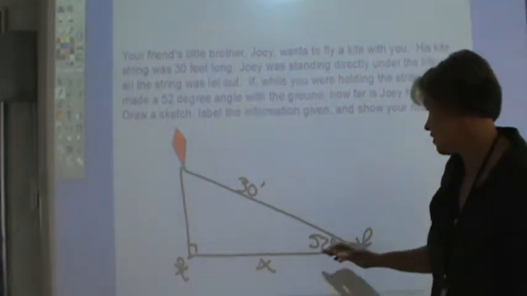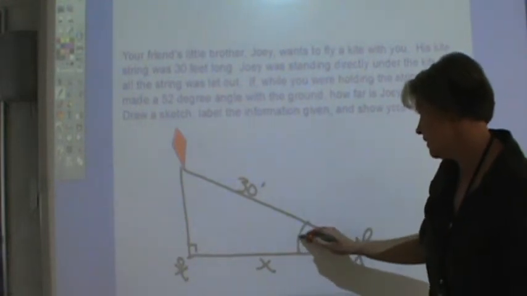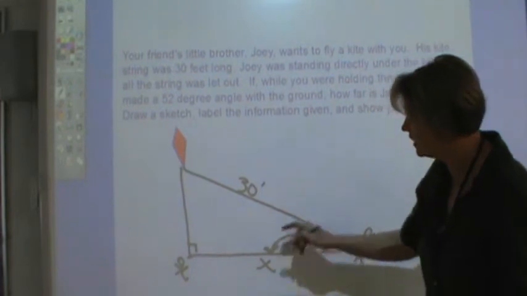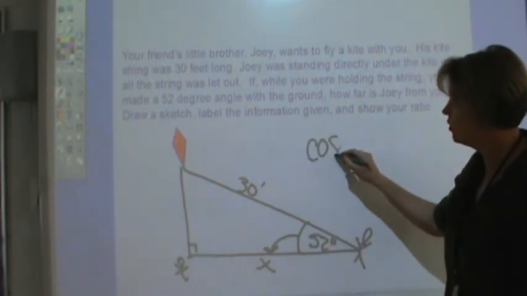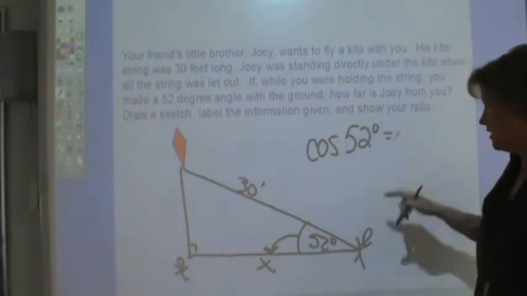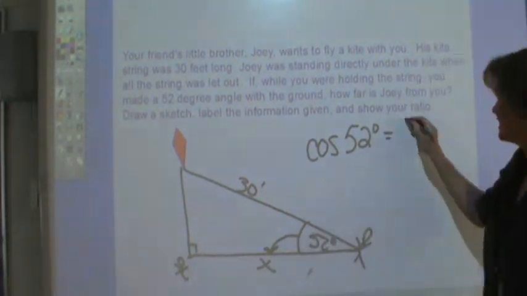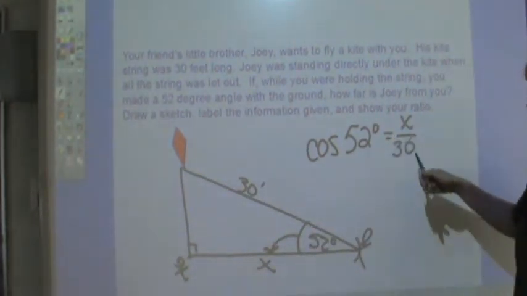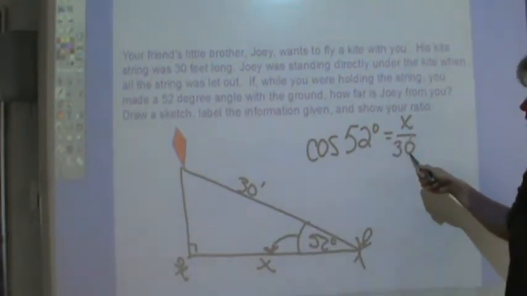Okay, so from this angle, we got this one right here, which means it's the one next to us, adjacent, which means we're going to use cosine of our angle equals adjacent, which is x, over hypotenuse, which is 30. Remember the number's on the bottom, so that means I'm going to multiply.